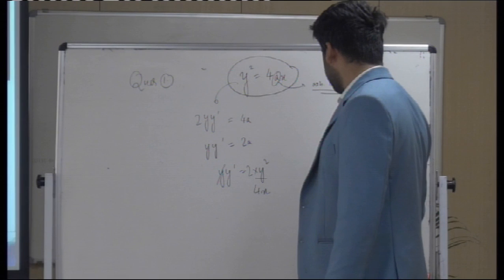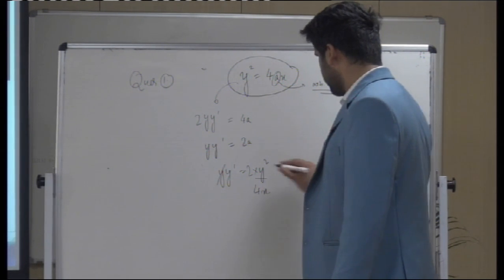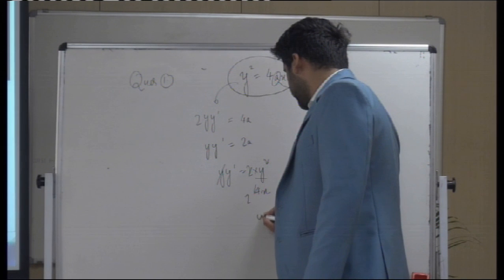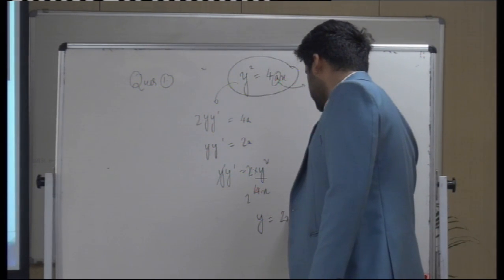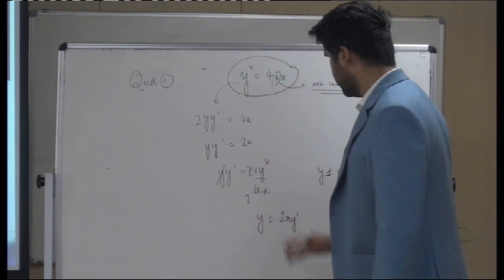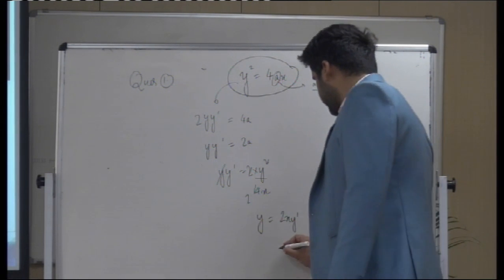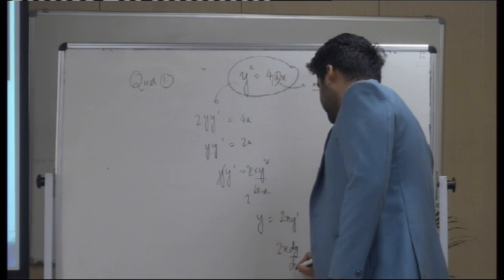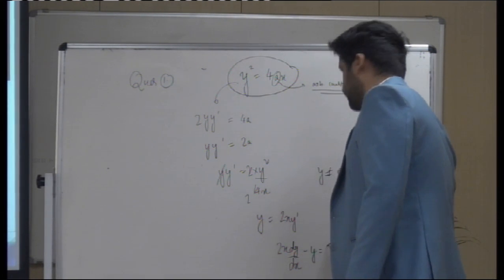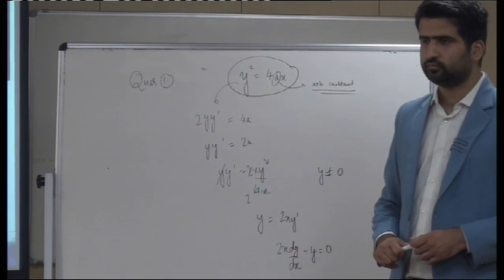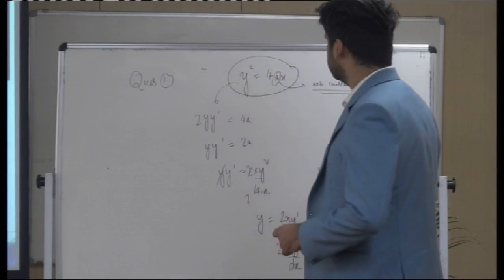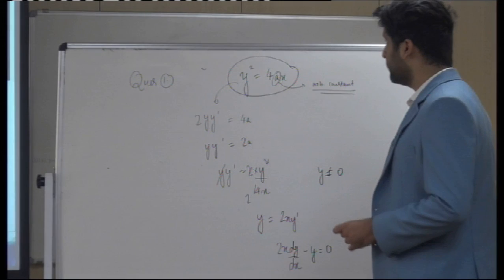Since y is not equal to 0, we can cancel this. So what we get is y is equal to 2xy dash. So if we write this in dy upon dx form, we get 2x dy upon dx minus y is equal to 0. Everybody getting this? Okay. So write it down.